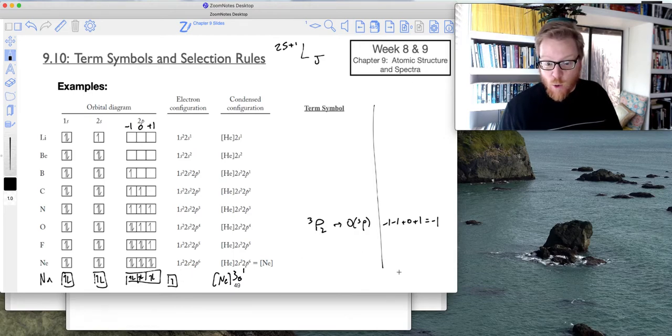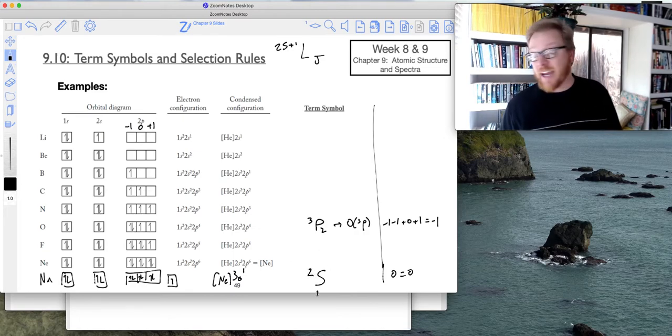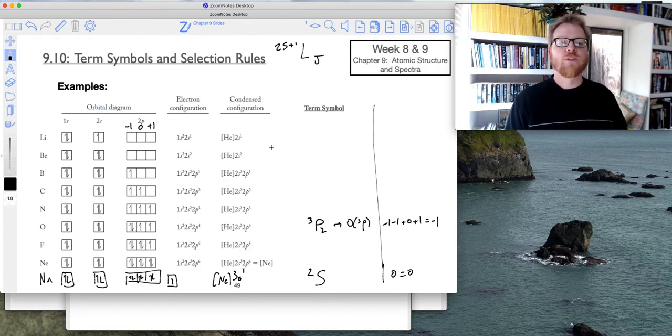So 3s1 corresponds to an L equal to 0, which gives me an S. It's a doublet, right? That's the only thing I have to worry about. It's only one electron. If I recognize a one-electron system as a doublet, I can automatically put a 2 right there. And for all doublets, J equals 1/2.